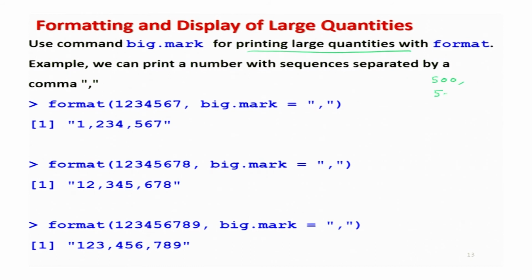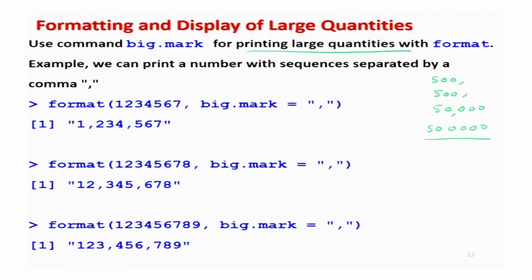If I have to write 5000, I will write this. But if I write 50,000, then you have seen that we put a comma, and similarly, if I want to write more digits, we put a comma at suitable places.